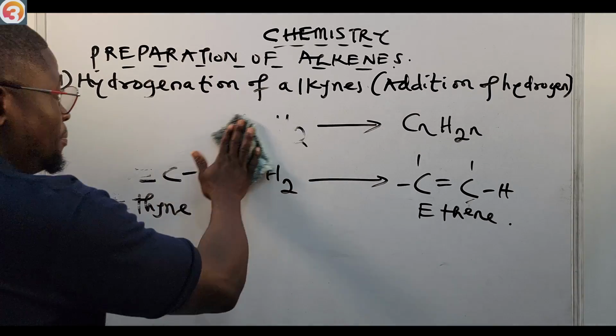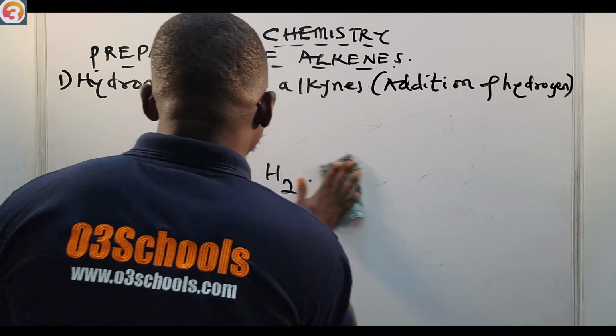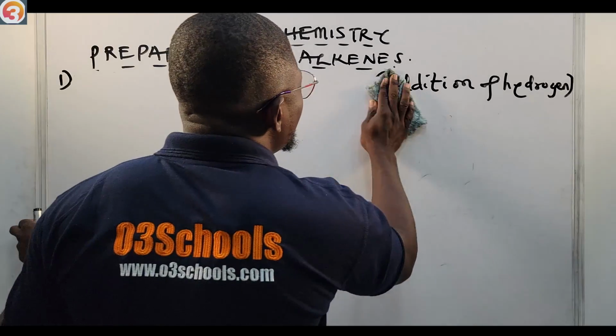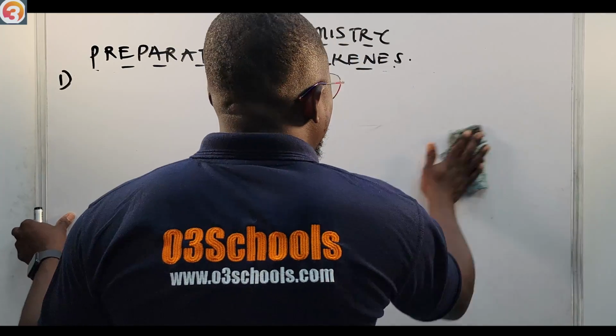Another preparation method for alkenes. And number 2, we are going to have the dehydrohalogenation of alkyl halides.